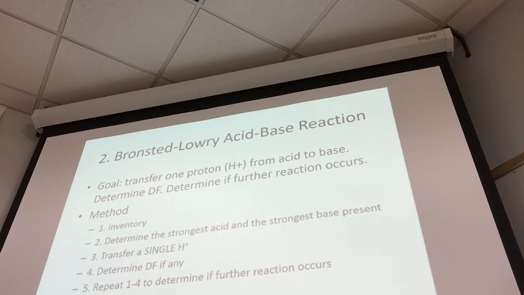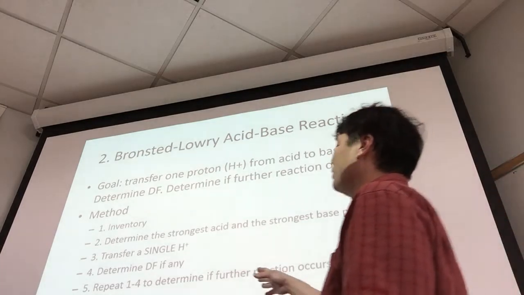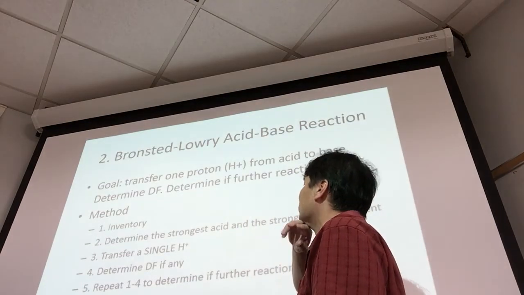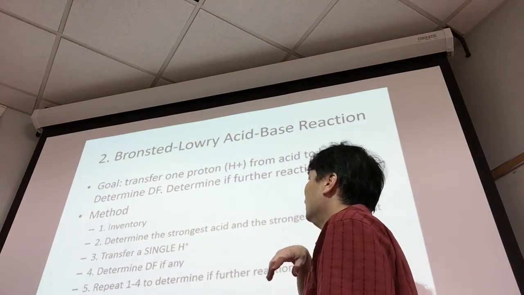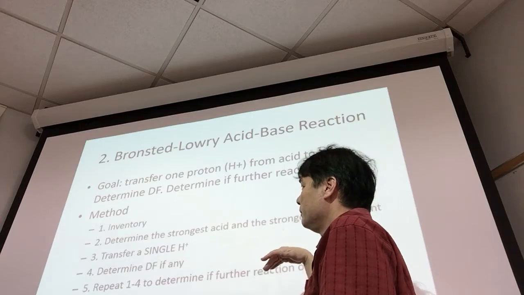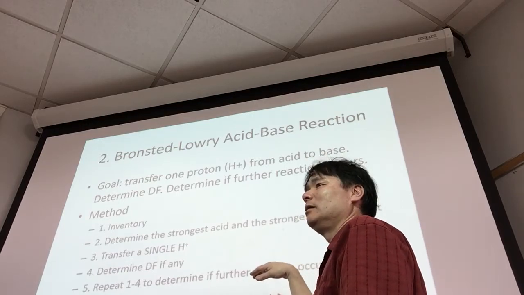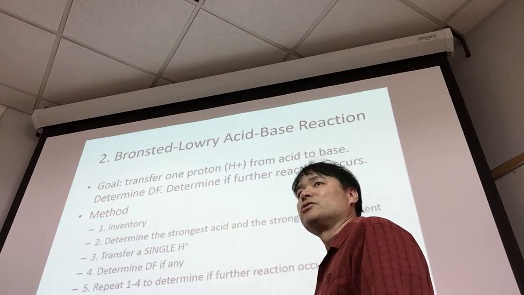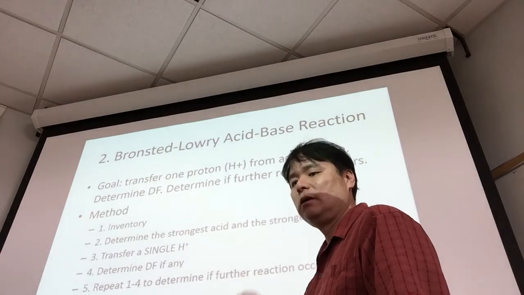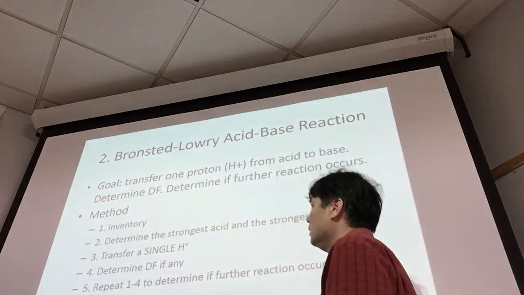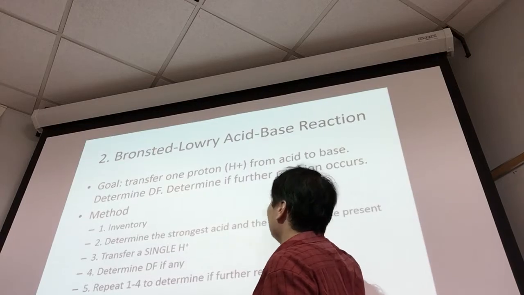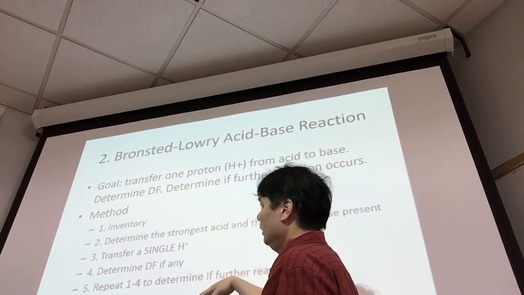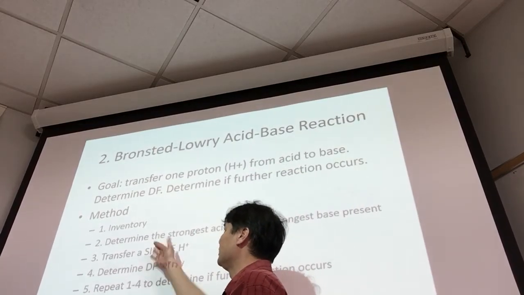And so when we figure out these reactions, we transfer a proton and determine if there's a driving force. Also, we have to look because sometimes multiple steps will happen, like a diprotic acid or triprotic acid has more than one proton, and so we might have further reaction. But for the first step, this is the method.